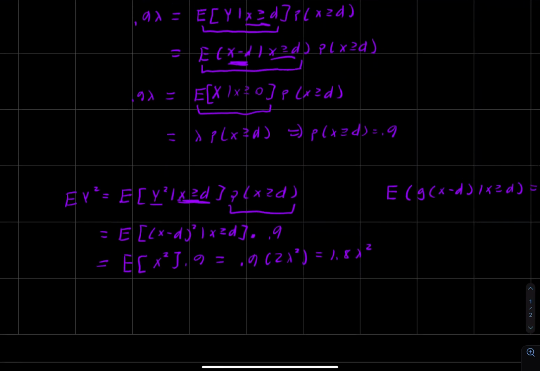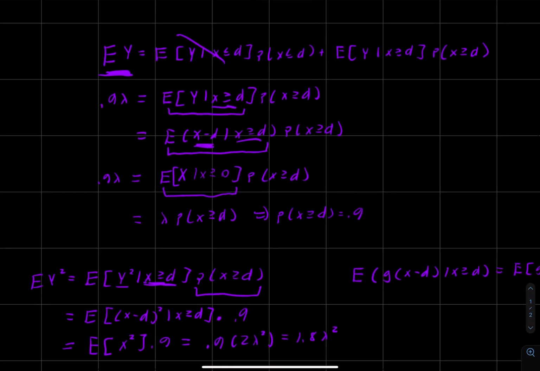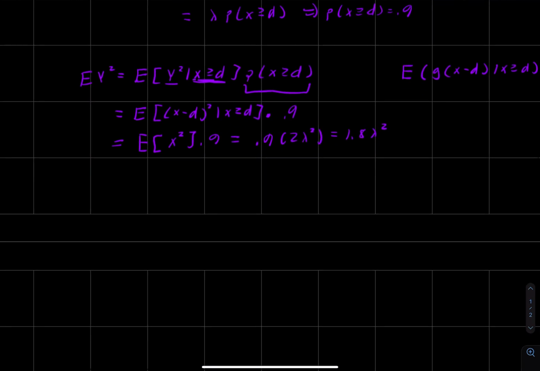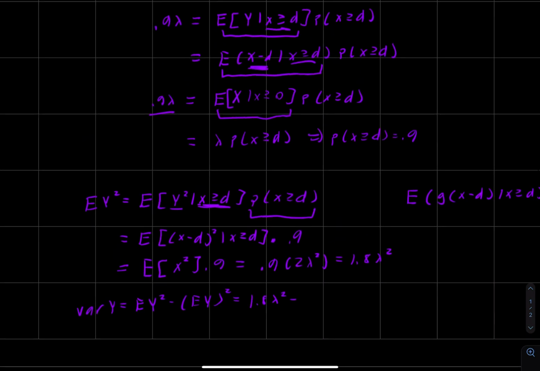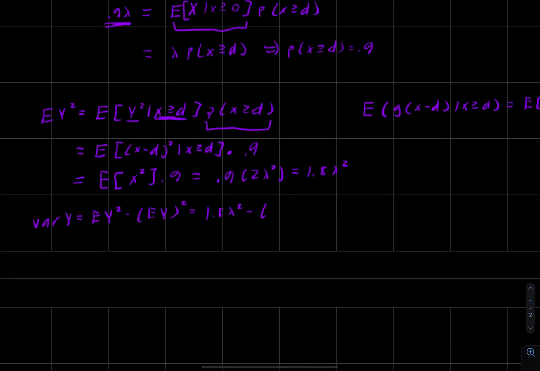Well, great, we're almost done now. So let's go back and take a look. We have E of Y equal to 0.9 lambda. We have E of Y squared equal to 1.8 lambda squared. So what we're looking for is the variance of Y, which is equal to E of Y squared minus the mean of Y squared, which is equal to 1.8 lambda squared minus, and then we were given this guy, 0.9 lambda, 0.9 lambda squared.